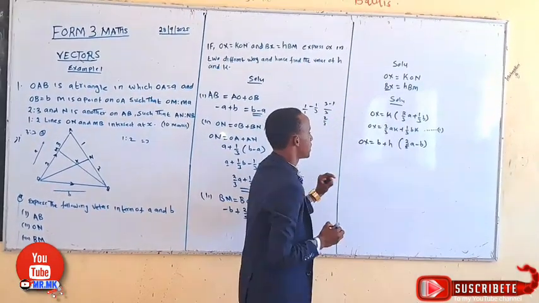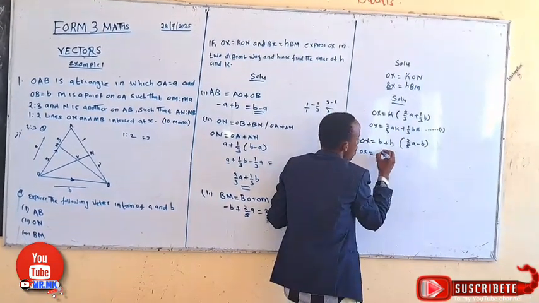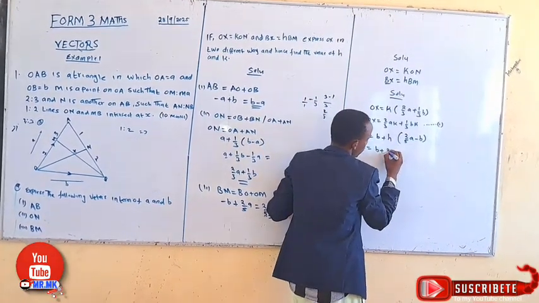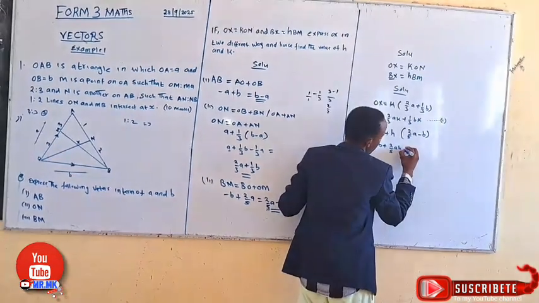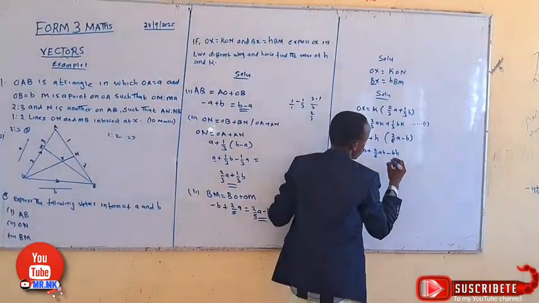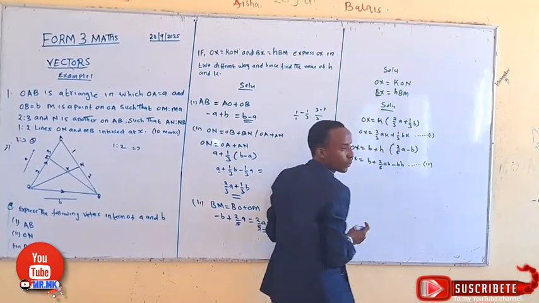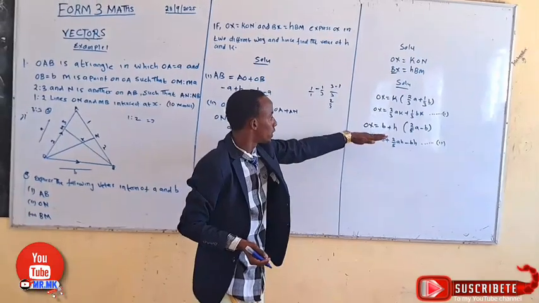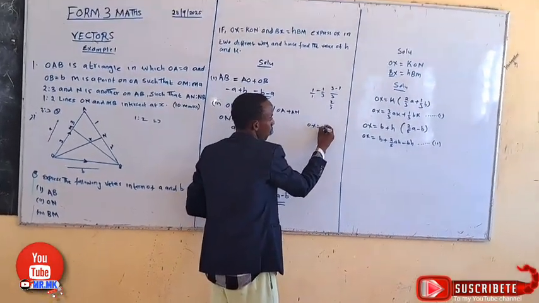Now how do we go on? Just open the bracket. OX is equal to B plus H times 2 over 5 A, minus H times B, that is minus BH. Let's say this one is our second equation. Now just equate, since OX is equal to OX.